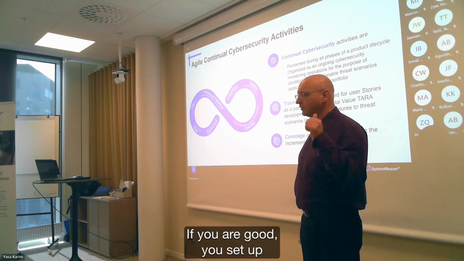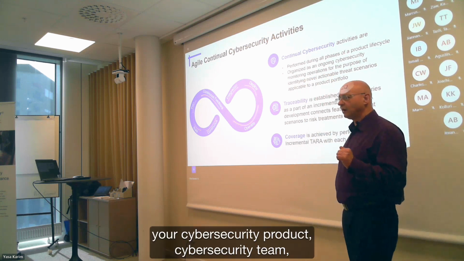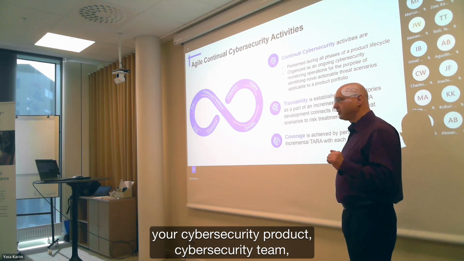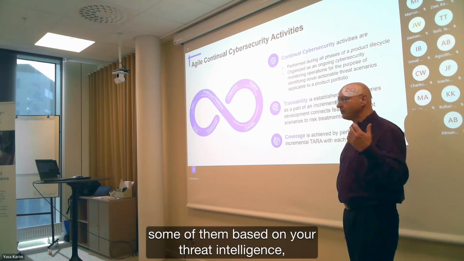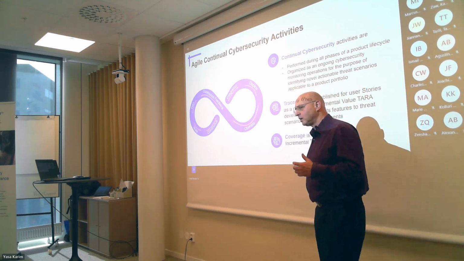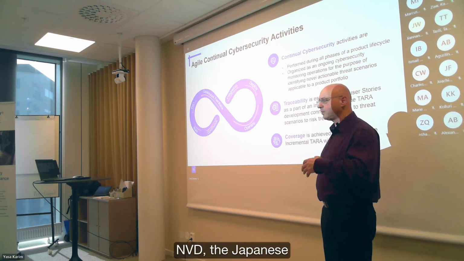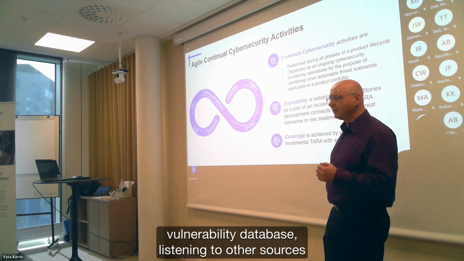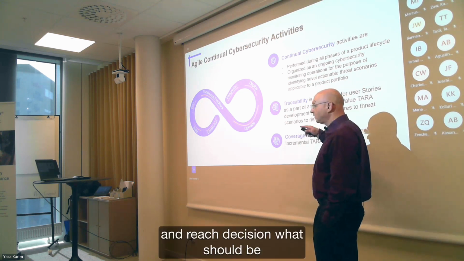If you are good, you set up your cybersecurity product team, and you need to react to cybersecurity events. Some of them based on your threat intelligence, listening to NVD, the Japanese vulnerability database, listening to other sources, and reach a decision on what should be done.